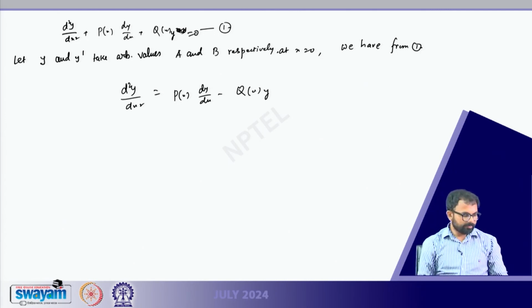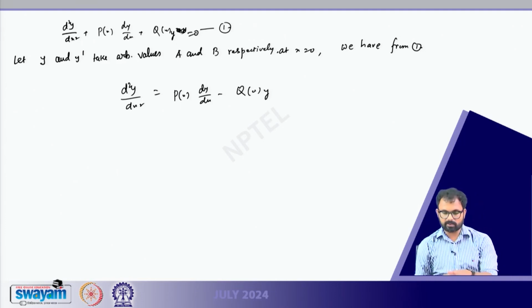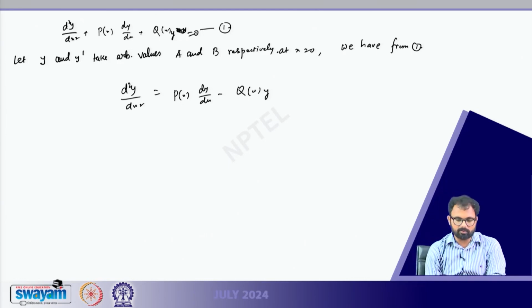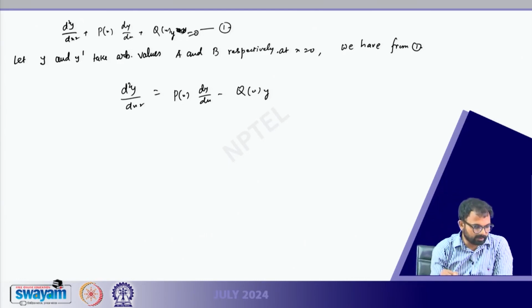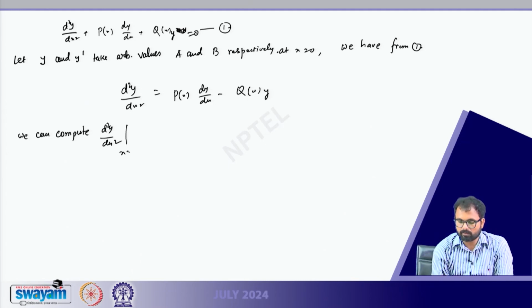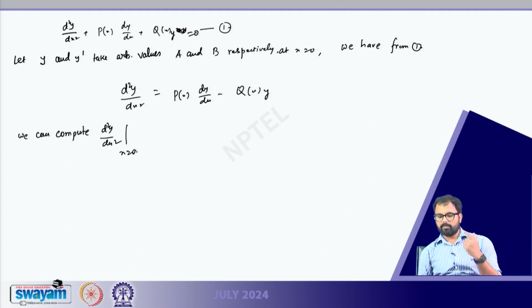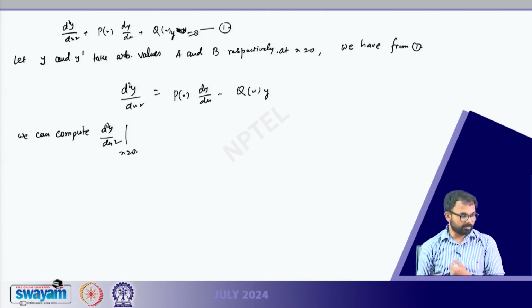Now, since Px and Qx here we do not have any singularity, or they are not undefined at x equals to 0, then we can compute d square y by dx square at x equals to 0, because it is not undefined, because Px and Qx are both defined at x equals to 0.